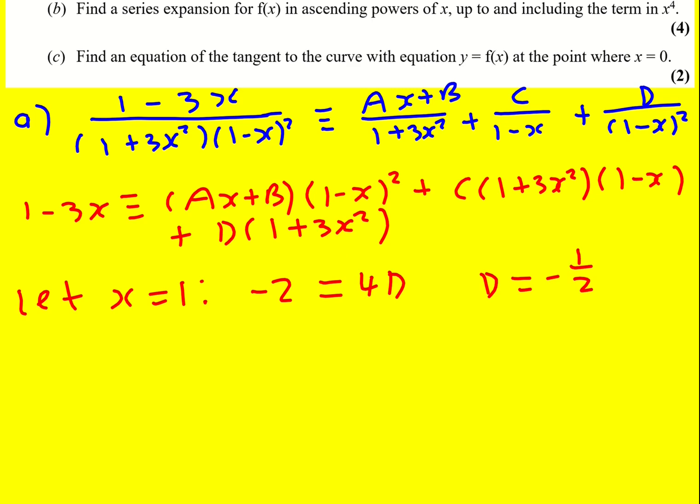There's no other obvious one to do to cancel terms out. A good shout in these situations is to try x equals 0. We could avoid doing that by comparing coefficients, but actually the way we're going to do it, we'll see this is the quickest approach. So x equals 0, we're going to get 1 is equal to b, because this is just 0, this is just 0, so it's just b times 1 squared.